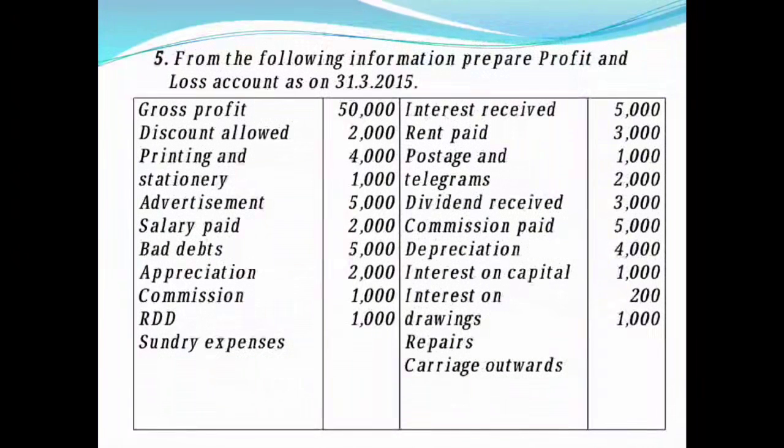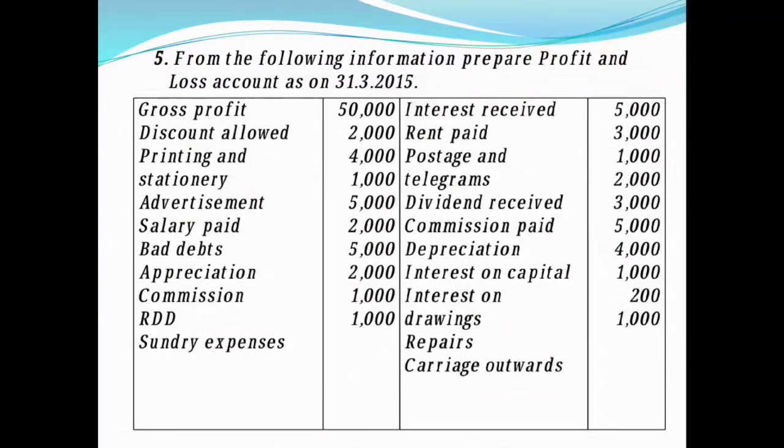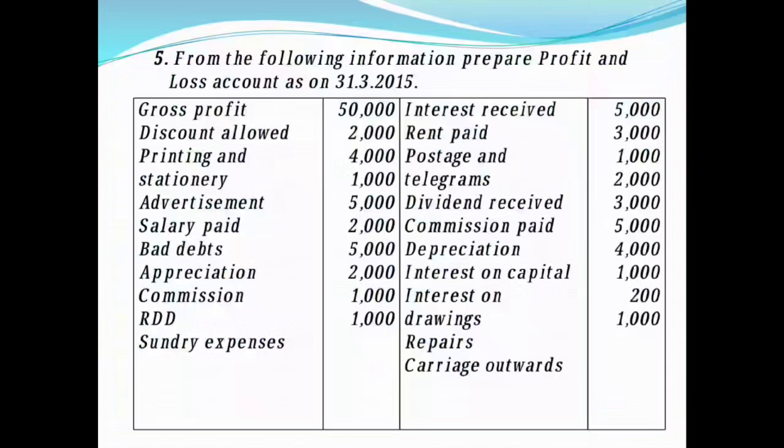The next you have rent paid rupees 3,000. Rent paid is an expense, so on the debit side to rent rupees 3,000. The next you have postage and telegrams together rupees 1,000, so on the debit side to postage and telegrams rupees 1,000.